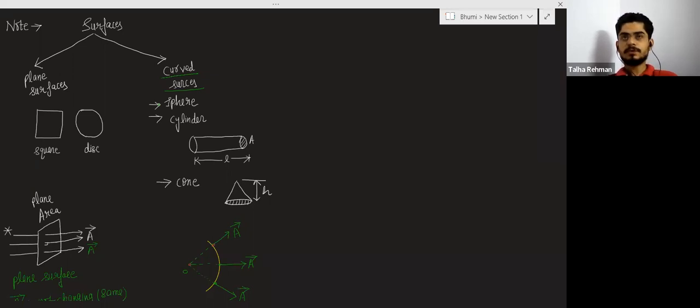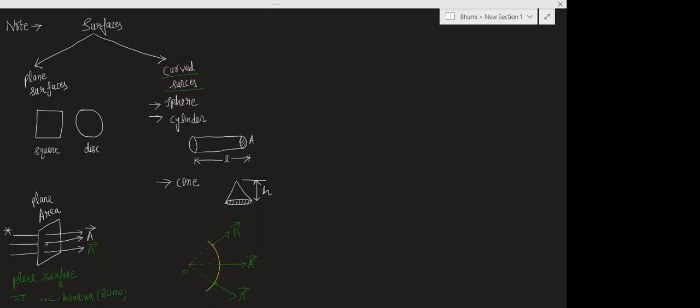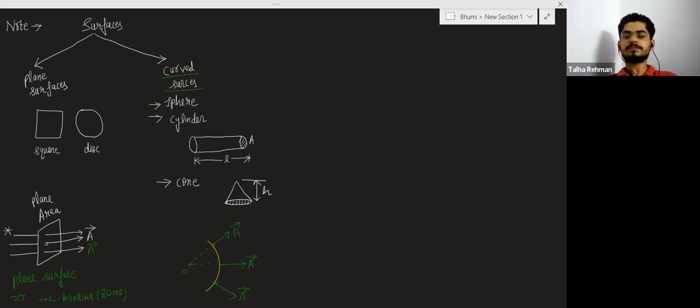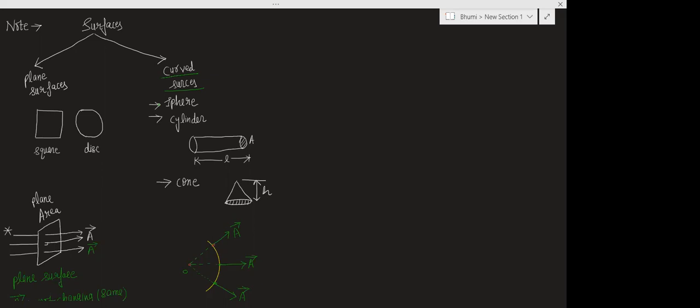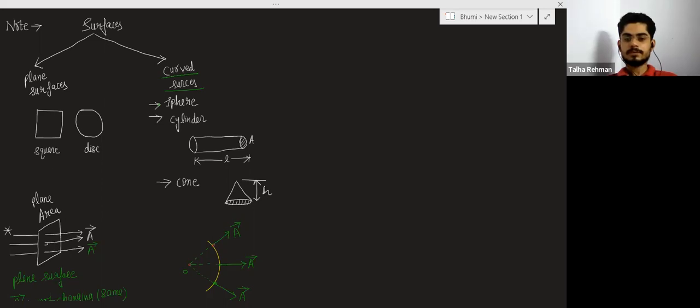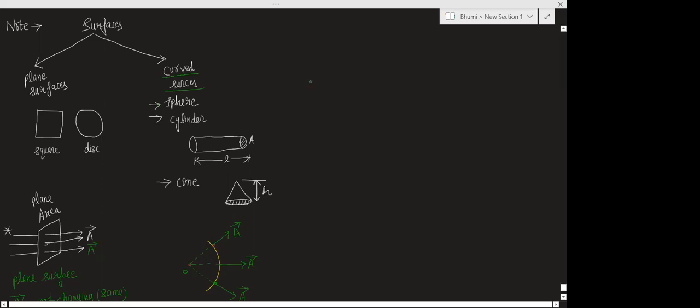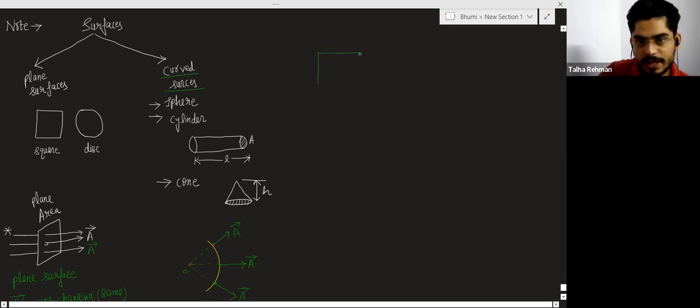Bhumi, cube. Do you know the cube? Will a cube be a curved surface or a plane surface? I think, since it is three dimensional, I think curved, but actually, I think it's plane also. I don't know, I am just trying.